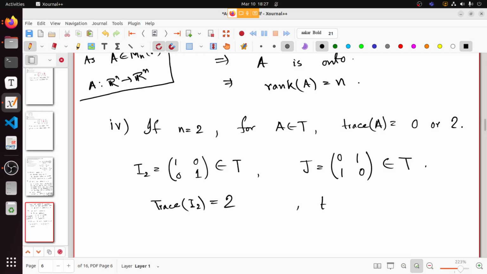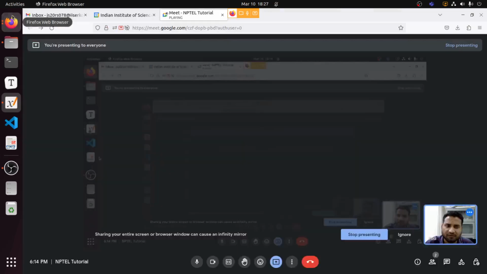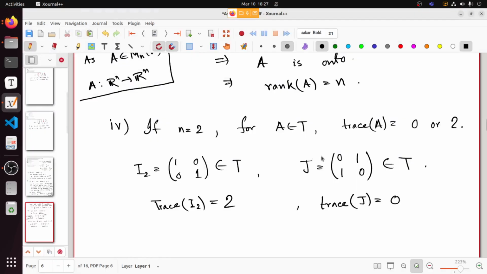And the trace of J is 0. It's the sum of the diagonal, it's 0, right?